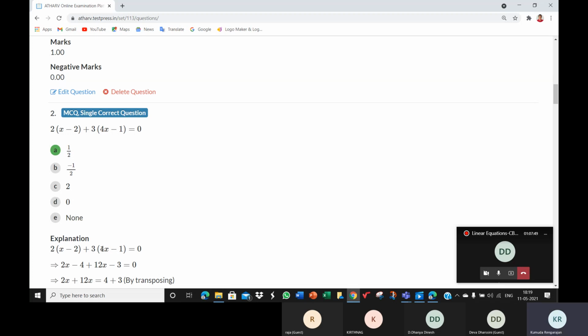You have to multiply 3 and 4x. What are the signs? Plus and plus. Plus into plus, plus. 3 into 4, 12x. Next we need to multiply plus 3 and minus 1. Plus into minus, minus. 3 into 1, 3, is equal to 0.